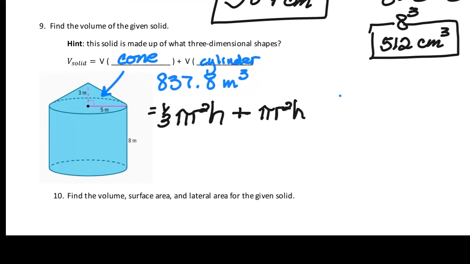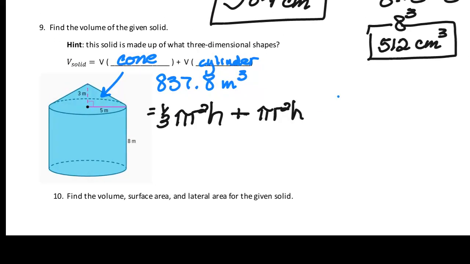So 1/3 is the number. I just keep that there. Pi is an irrational number times the radius of the cone. As I look at this cone, they are giving me the distance from the center of the circle out. Is 5 meters, is that the radius?